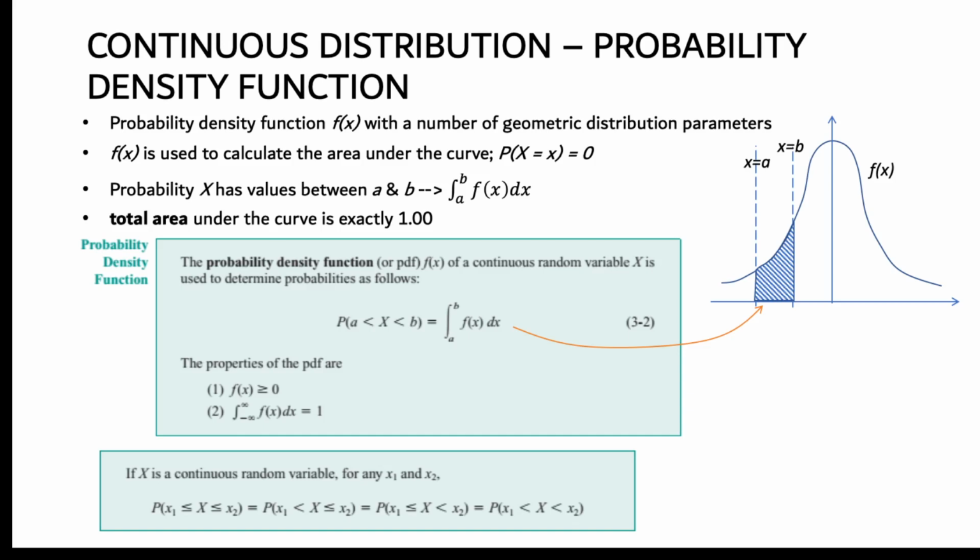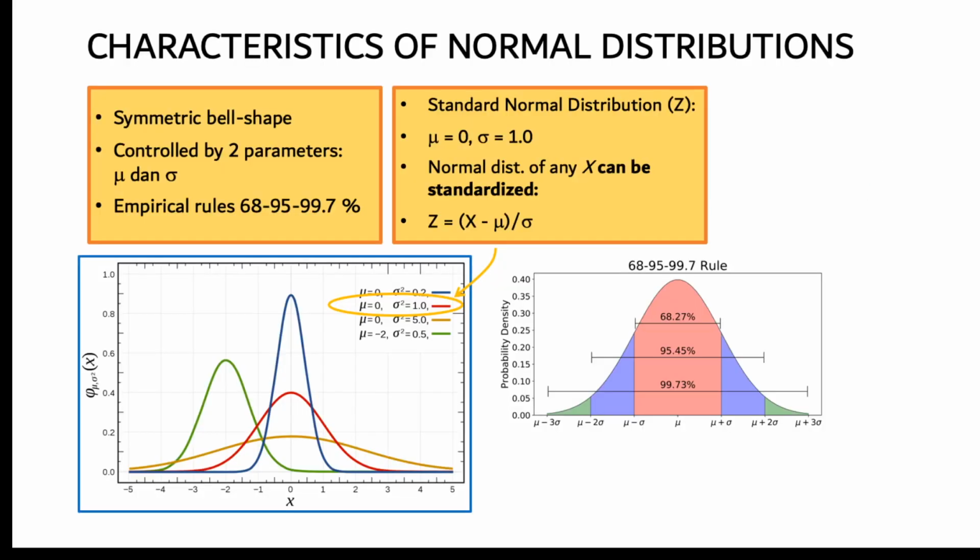Now let's look at some of the continuous distributions that are often found in engineering. The best known continuous distribution is of course the normal distribution or the Gaussian distribution. This distribution is in the form of a symmetrical bell which is controlled by two parameters, mean, we call it mu, and standard deviation, sigma.